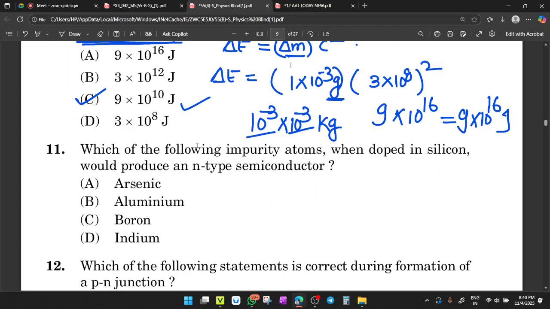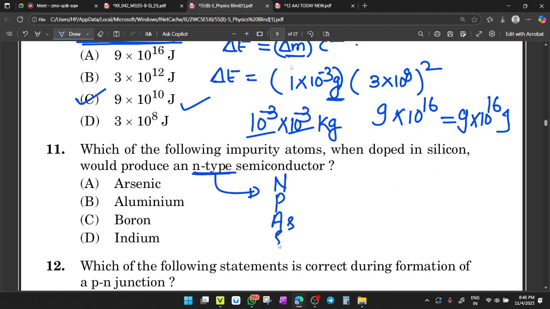Clear? Next question, students. Which of the following impurity atoms, when doped in silicon, will produce an N-type semiconductor? So you know N-type means pentavalent impurity, means 15th group. The 15th group is nitrogen, phosphorus, arsenic, antimony, and bismuth. So tell me which impurity you can add. Nitrogen is not there.